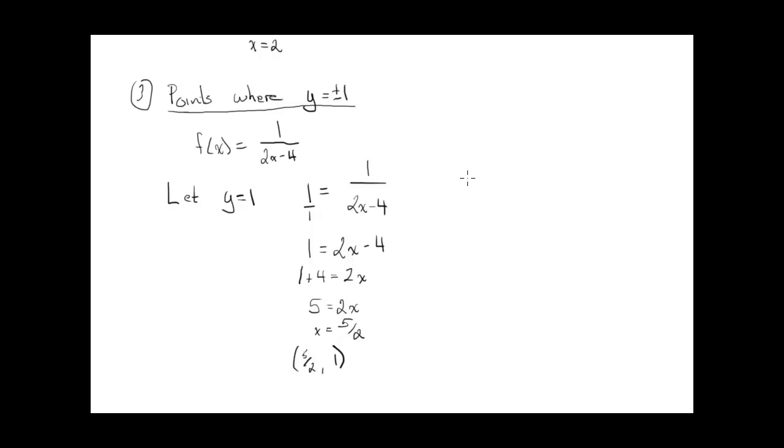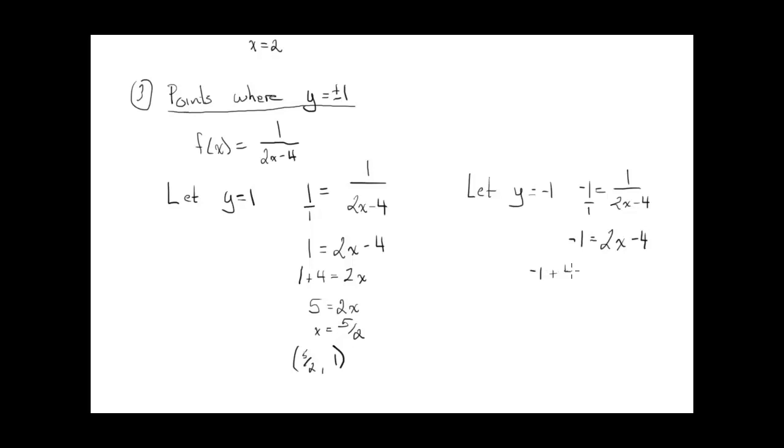Then we can do the same thing if we let y equal negative 1. So negative 1 equals 1 over 2x minus 4. Solve it in the same way. Take the reciprocal of both sides, so we have negative 1 equals 2x minus 4.